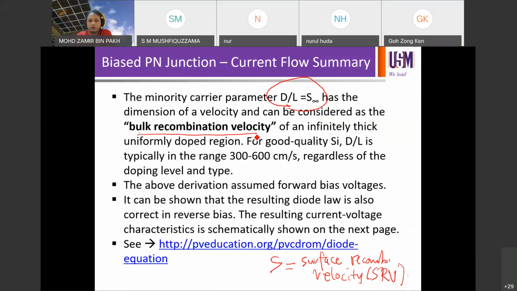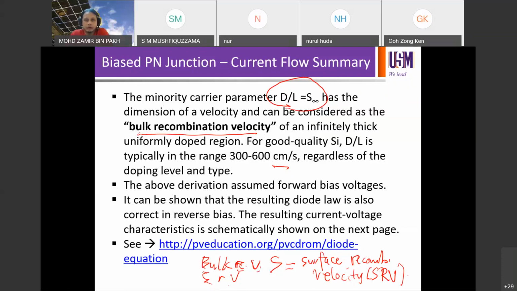So we can call it bulk recombination velocity or surface recombination velocity depending on what we are looking at. If you talk about the bulk, then it's bulk recombination velocity. If you talk about the surface, then it's surface recombination velocity. You can call it BRV or SRV if you like. The unit is centimeter per second.